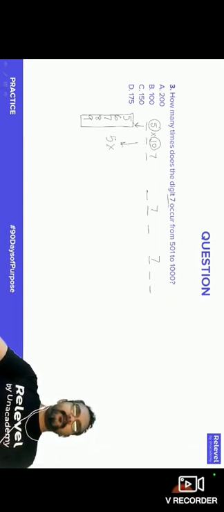Now in the units place, the hundreds place can be filled by any of the digits from 5, 6, 7, 8 or 9, because the numbers start from 500 onwards. So there are 5 options for this and 10 options for this, because the tens place can be filled by anything from 0 to 9, so 10 options. So there are 5 times 10, 50 such occurrences of 7 in the units place.